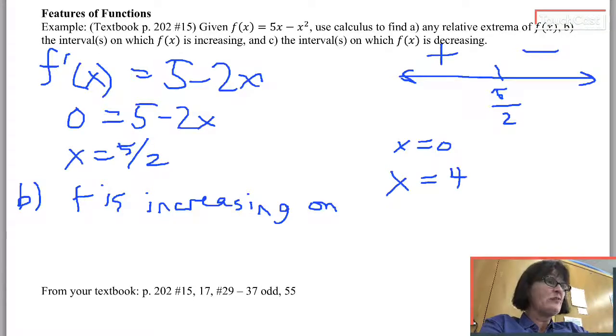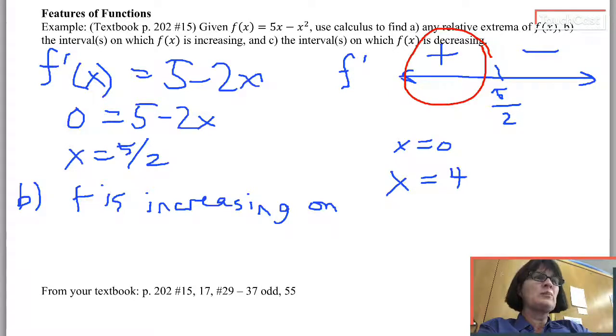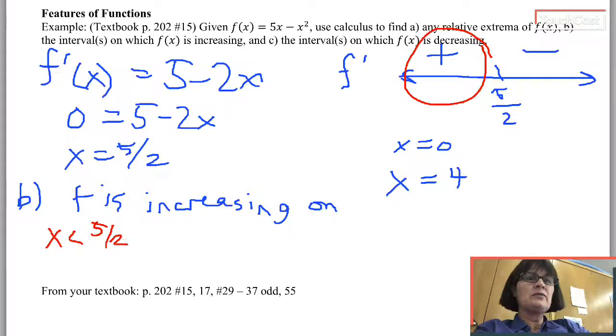I'm looking for the place where f prime is, if you make a sign chart, try to make a label so you know which function you were testing. I'm interested to know where f prime was positive, and that's everything less than 5 halves. So I'm going to say x is less than 5 halves.